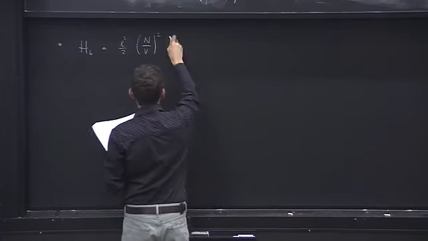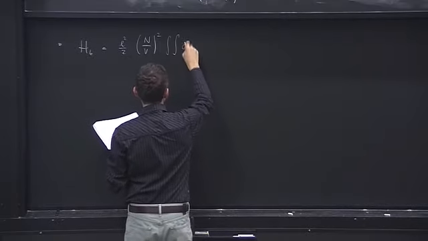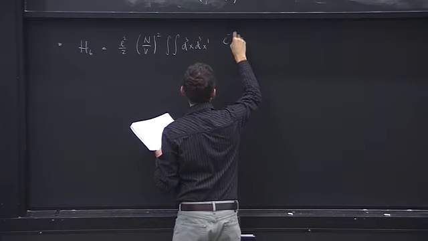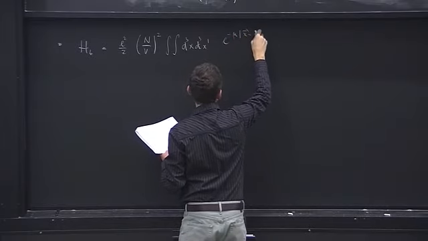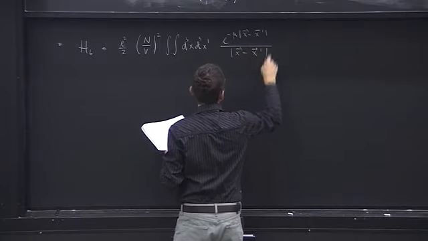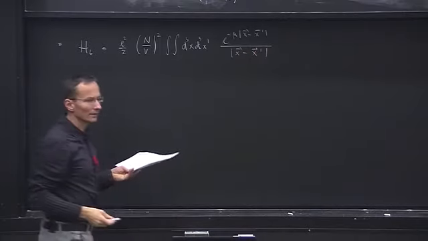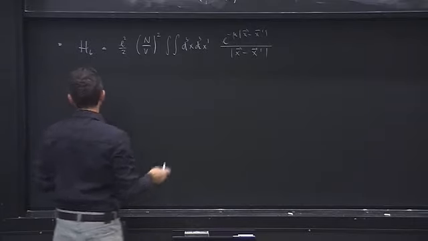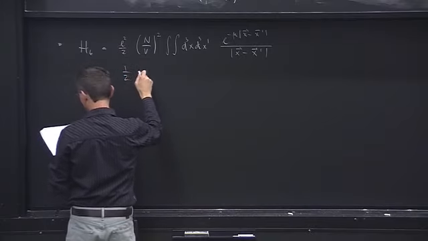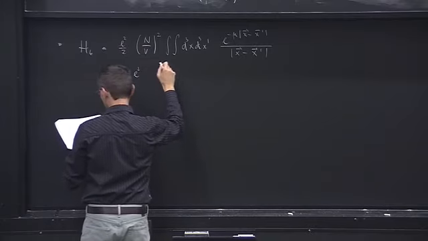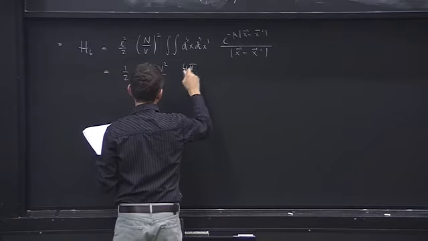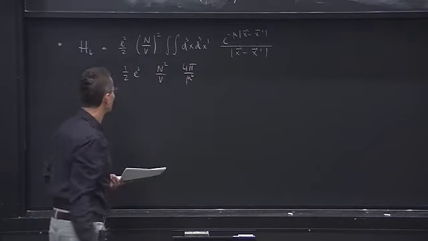That's the density. And then what's left is just a double integral of e to the minus mu |x minus x'| over |x minus x'|. And this is an integral that one can calculate. It's an elementary exercise in calculus. And the result is the following: e squared N squared over V times 4 pi over mu squared.